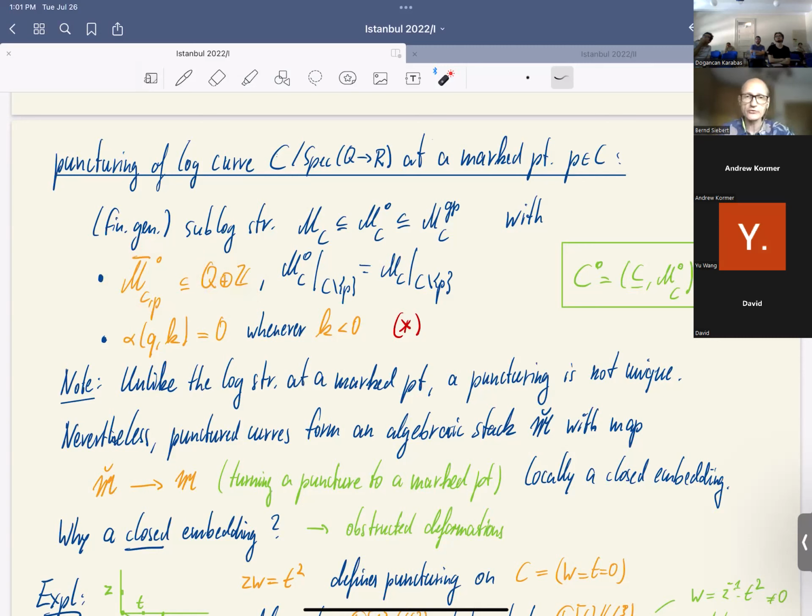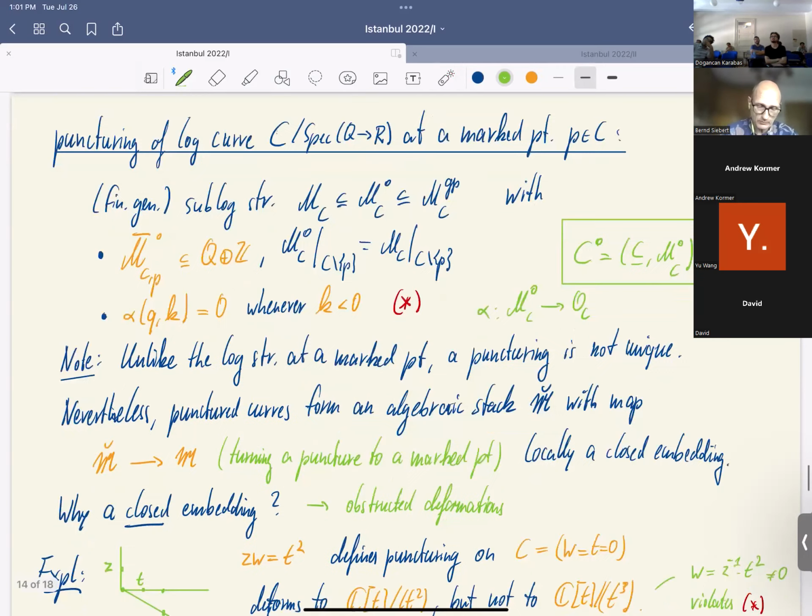You only change this power of Z. So it's a submonoid of Q direct sum Z. And then there's a key condition: whenever you have a negative power, I still want a good map to the ring of functions on C. So whenever this exponent is negative, I want the alpha morphism that goes from MC circ to OC to be 0. Okay, so let's just swallow this at the moment.